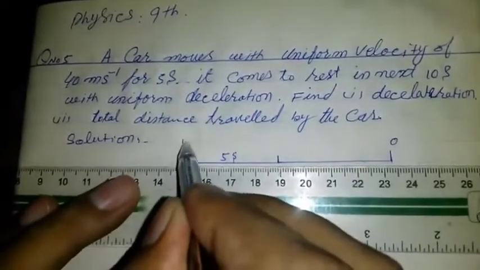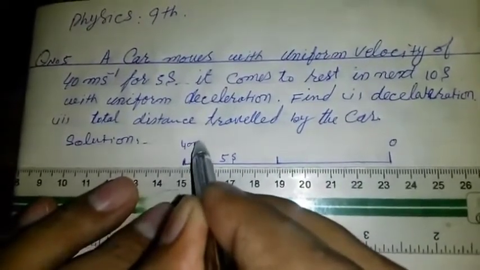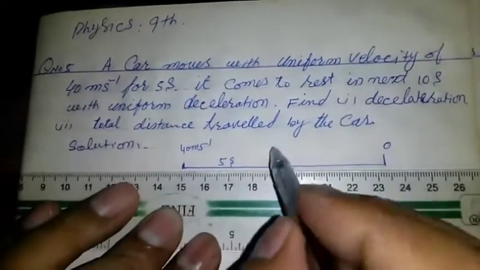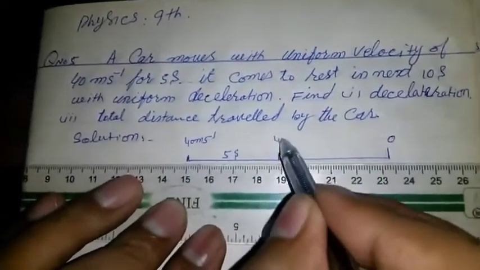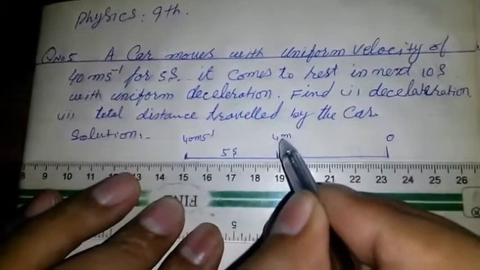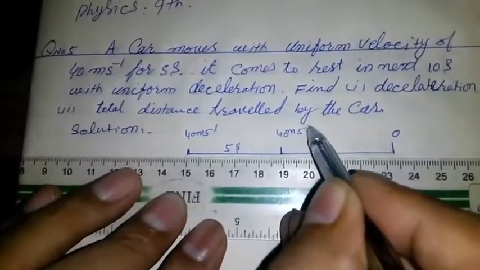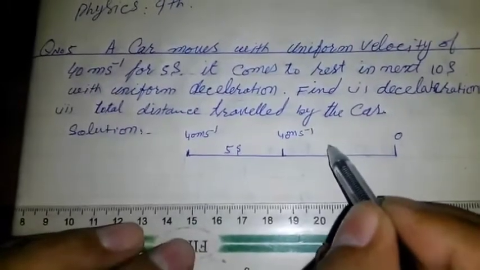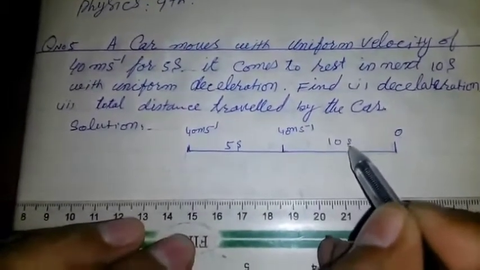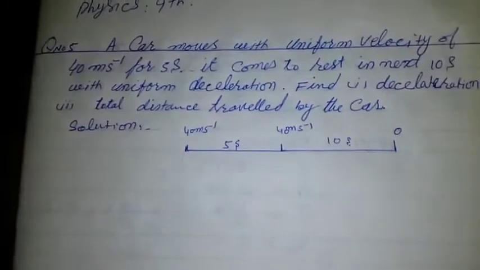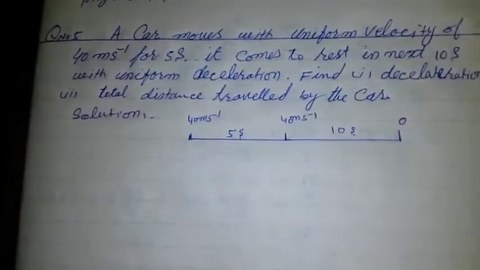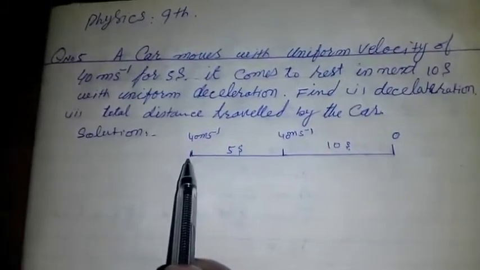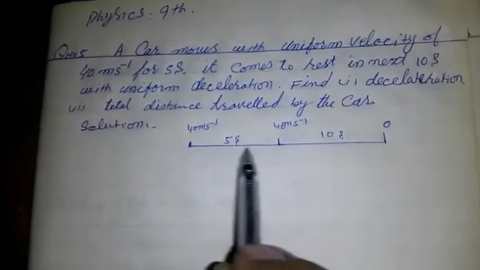Here it is 40 meter per second, and here it is also 40 meter per second before applying the brakes, and this is the distance traveled in 10 seconds. This shows that this motion has two parts.